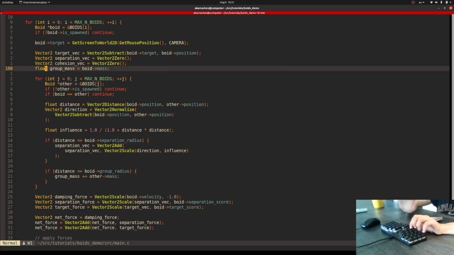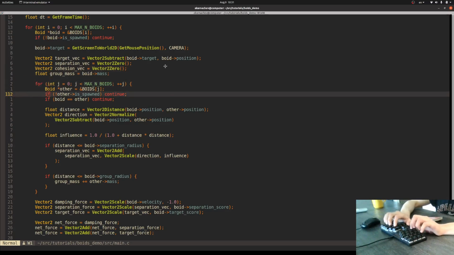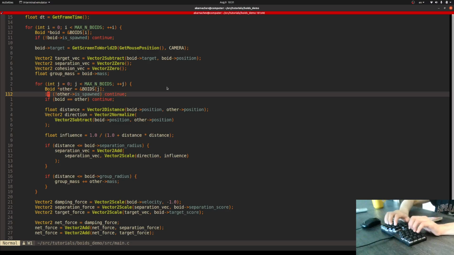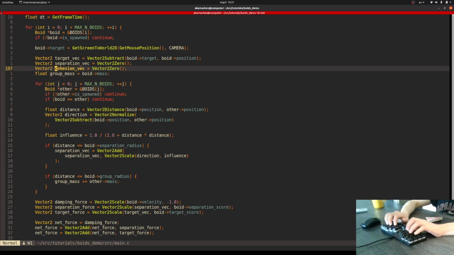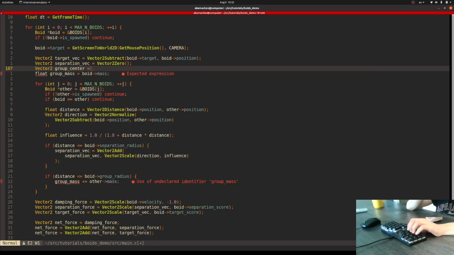Yeah, I don't have a cohesion vector. I cannot compute the cohesion vector inside this loop, because to compute the cohesion vector I need the center of mass, and I don't have this. Let's say vector 2 group center.